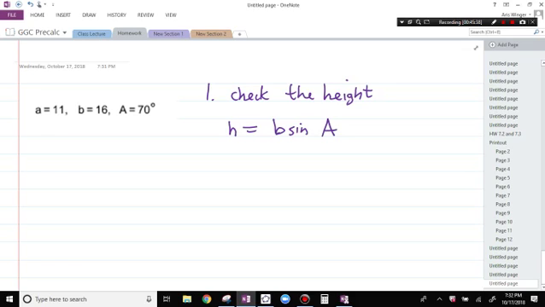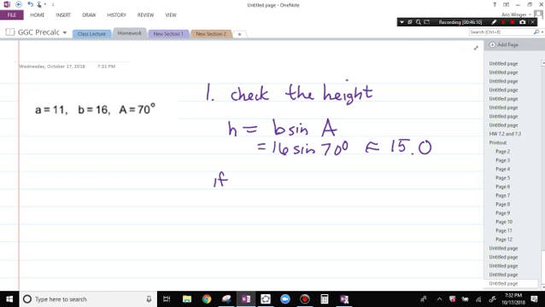If 11 is not more than the height, then we cannot make a triangle. I got 15. So the height is 16 sine of 70 degrees. Roughly 15. We're rounding to one decimal place for these things. 15.0. Okay, so 15.